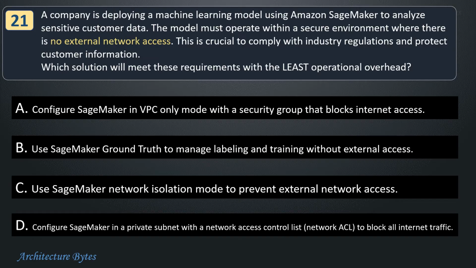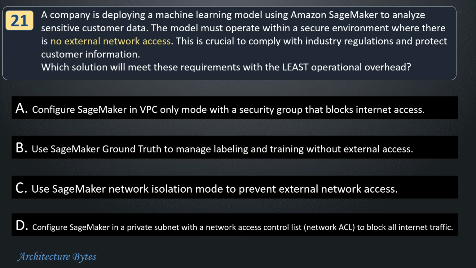Our options are A, configure SageMaker in VPC only mode with security group that blocks internet access. B, use SageMaker ground truth to manage labeling and training without external access. C, use SageMaker network isolation mode to prevent external network access. D, configure SageMaker in a private subnet with a network access control list to block all internet traffic.